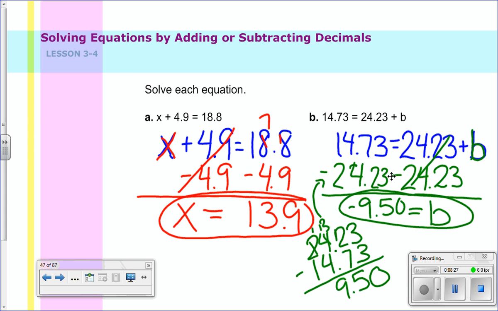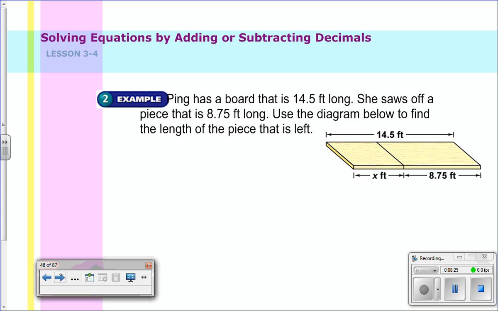All right, let's move on to the next piece here. And we have a word problem. And it says, Ping has a board that is 14 5/10 feet long. She saws off a piece that is 8 7/5 feet long. Use a diagram below to find the length of the piece that is left. So here, not only do we have to solve it, but first we have to write out an equation.